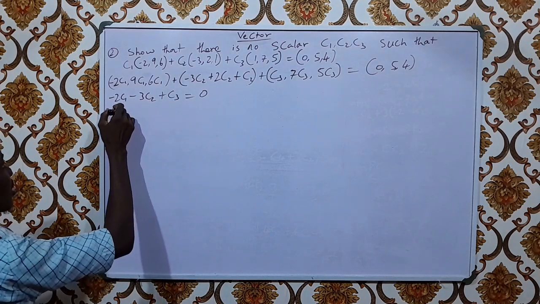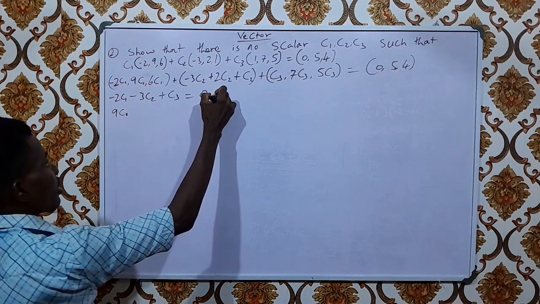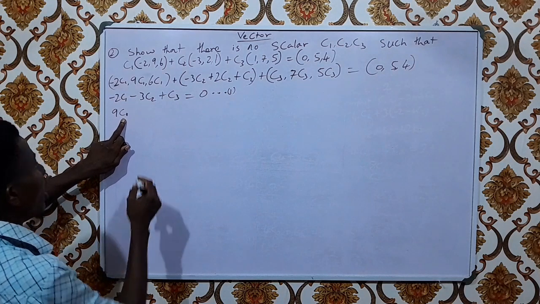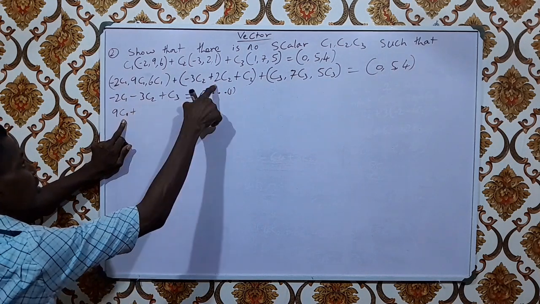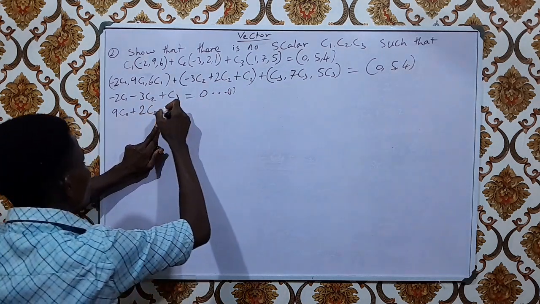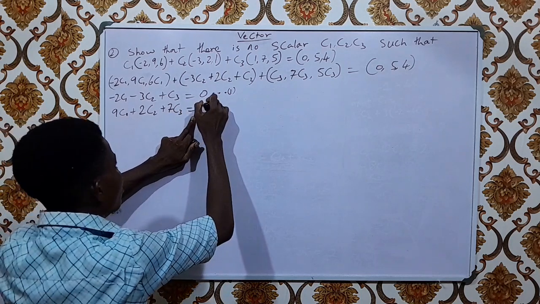We have 9C1. Okay, we call this one equation 1. So we have 9C1 plus 2C2 plus 7C3 equals 5.